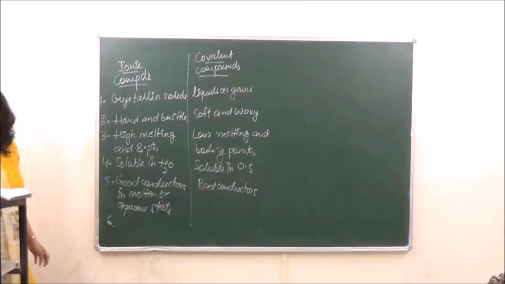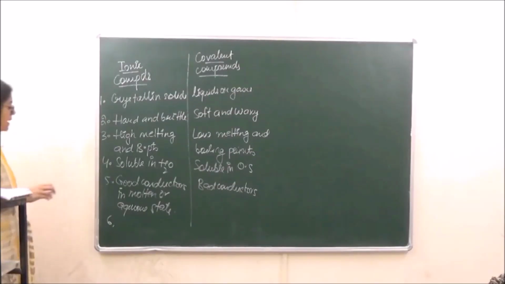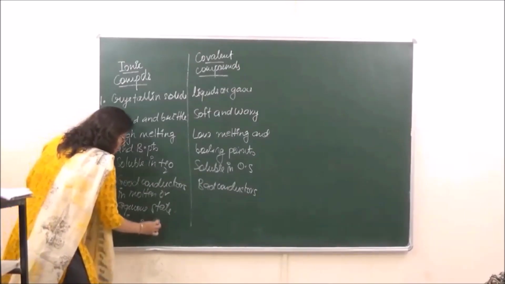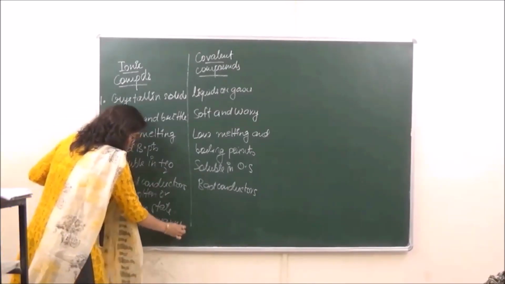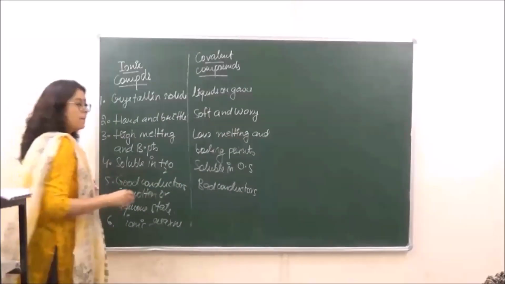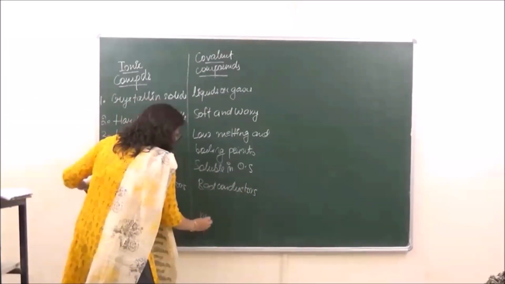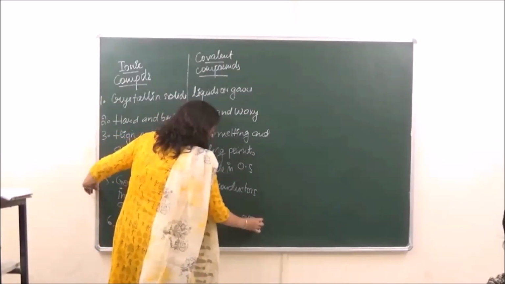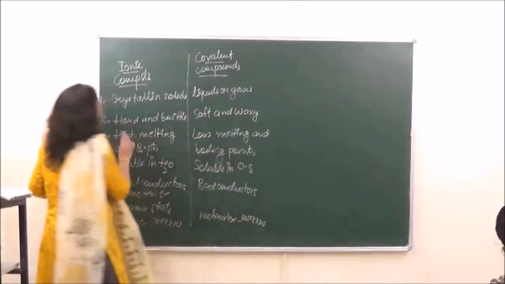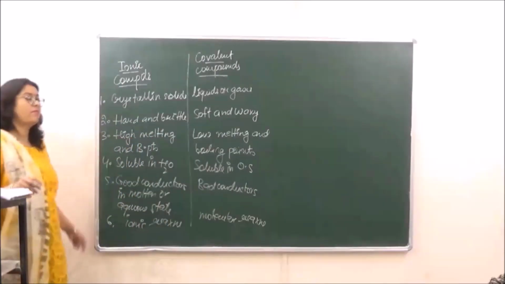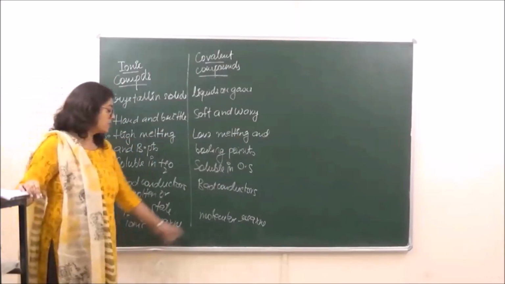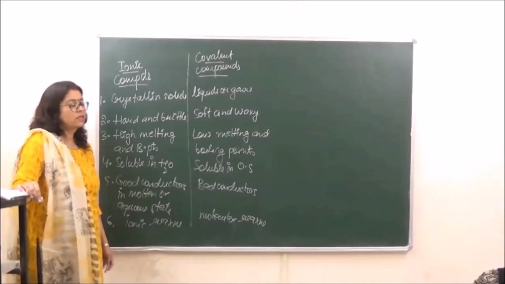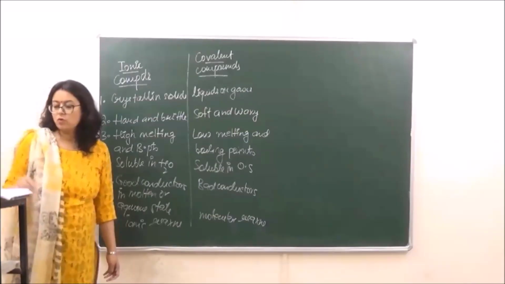Then number 6, the ionic compounds undergo ionic reactions, whereas the covalent compounds undergo molecular reactions. So the reactions of ionic compounds are instantaneous, very very fast, whereas those of covalent compounds are slow reactions. ठीक है? So today we will do only till here.